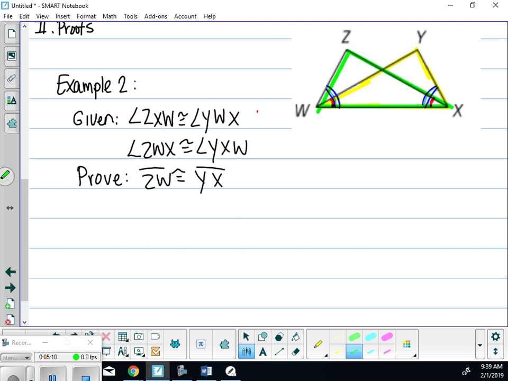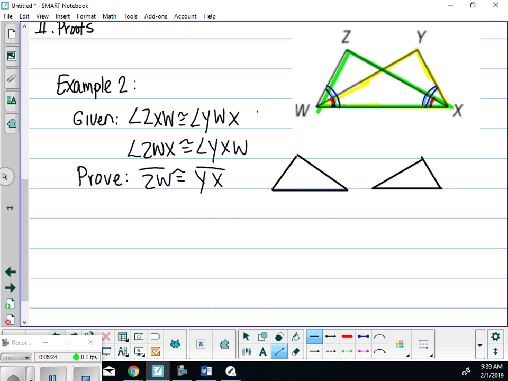Now, you may find it helpful to kind of visualize by taking these triangles essentially apart.